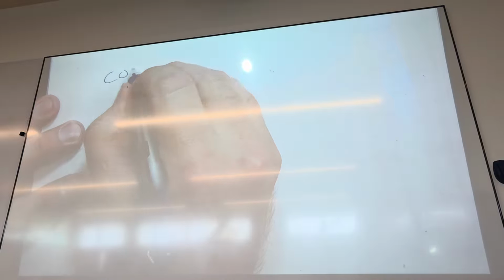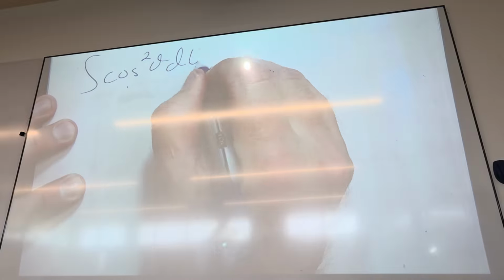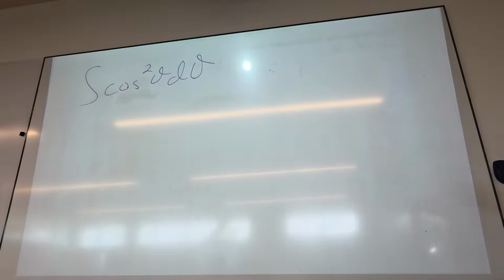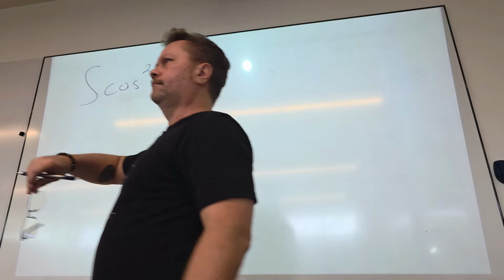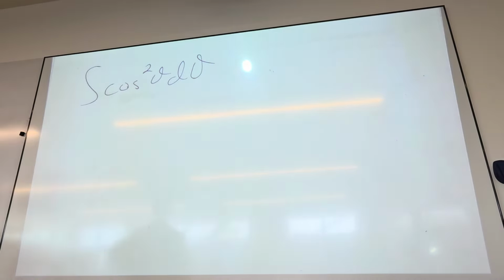Just because. What do I do if I see this? Besides run away screaming. I have to rewrite it, yes? Yes. And real quick, do you guys all see I cannot integrate that? Does everybody see that?